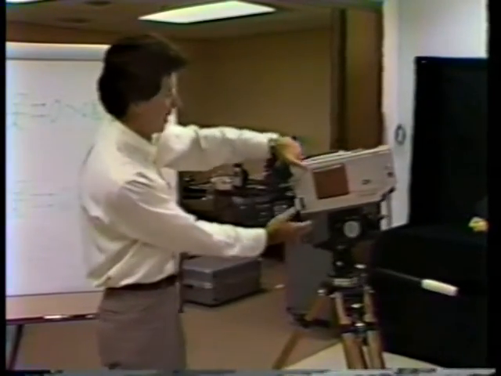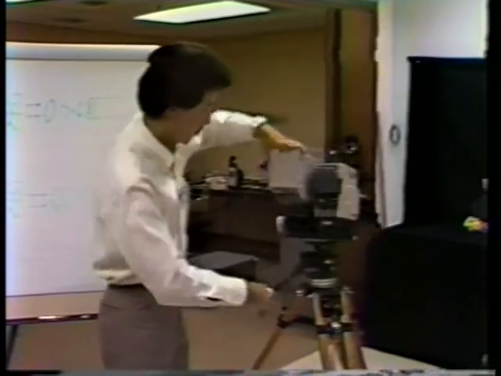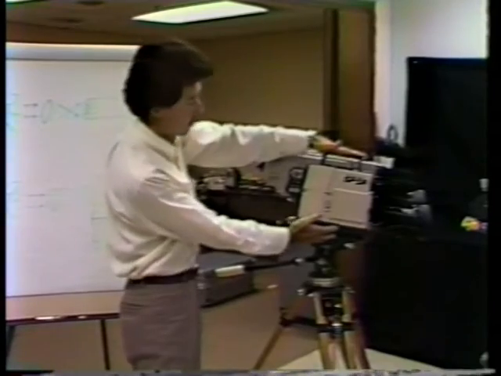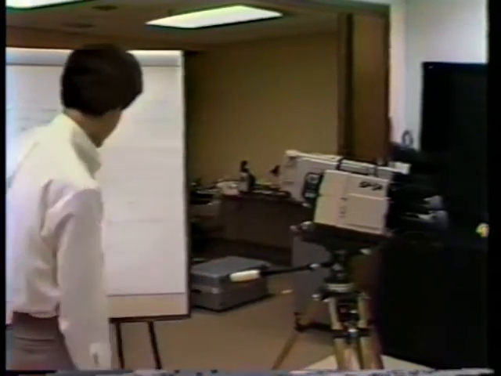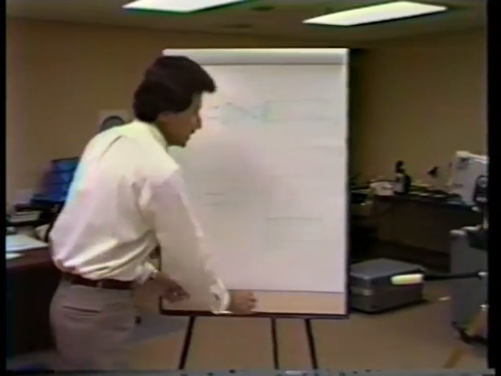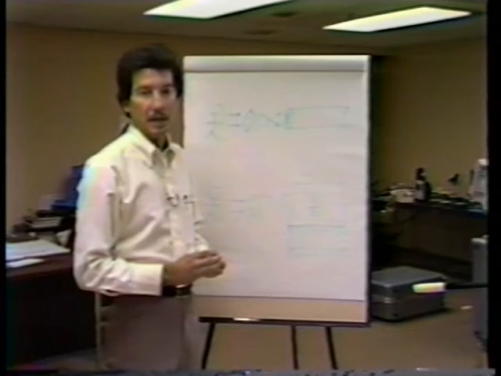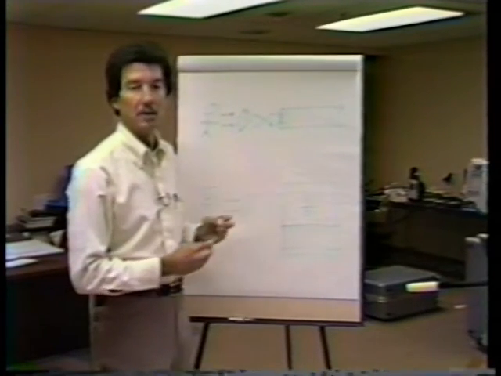As you can see, the older type technology is a lot bigger versus what we have, the newer type, much smaller and much more reliable, in 100% solid state. How we make it 100% solid state is converting light energy into electrical energy, by using a new type of device called the CCD.